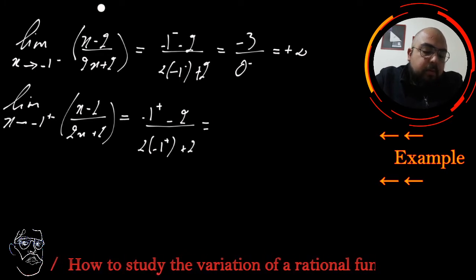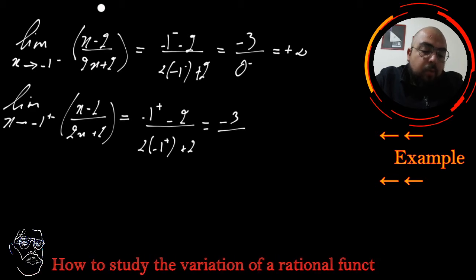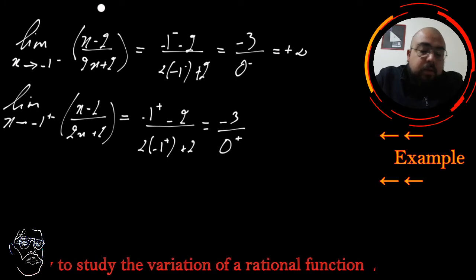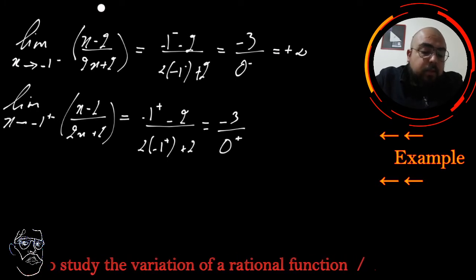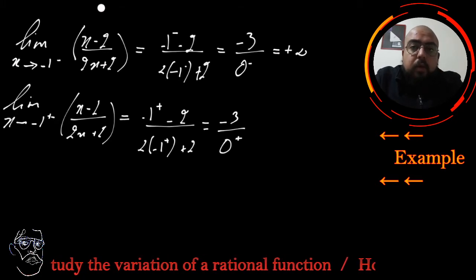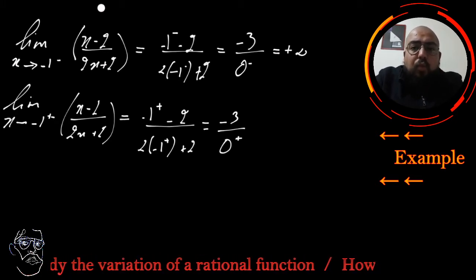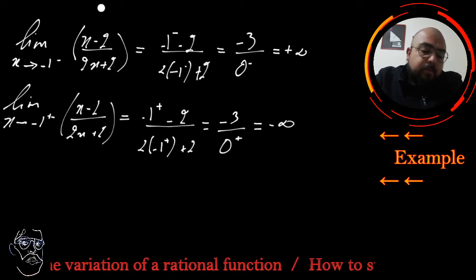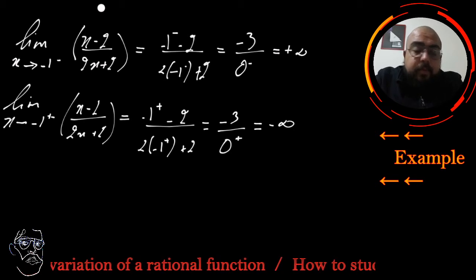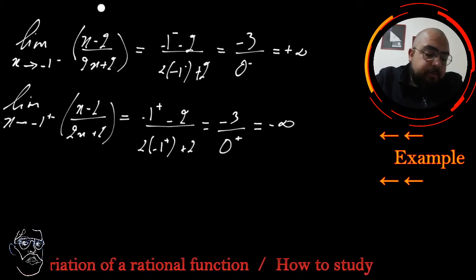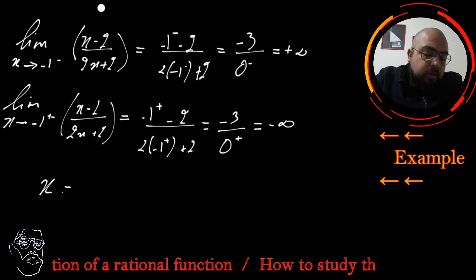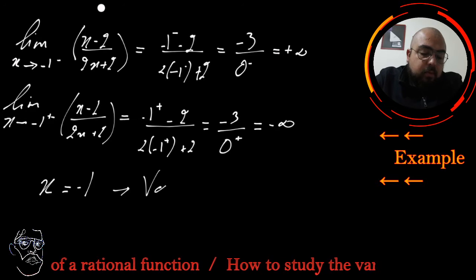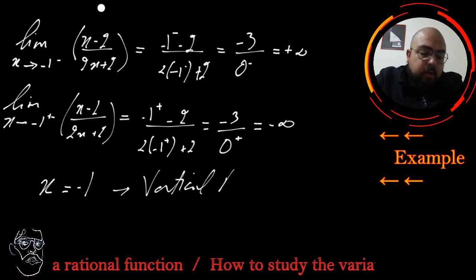So we will have again minus 3 over 0 plus in this case. Since 2 times minus 1 plus is actually a number very close to minus 2, but it's minus 1.999, let's say. So it will be minus infinity. From these limits, I can deduce that x is equal to minus 1 is a vertical asymptote.